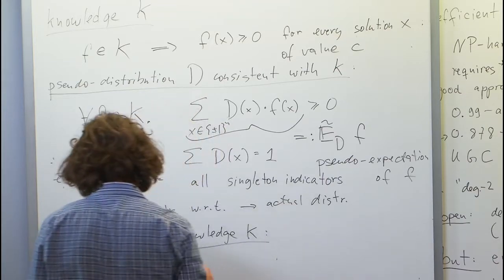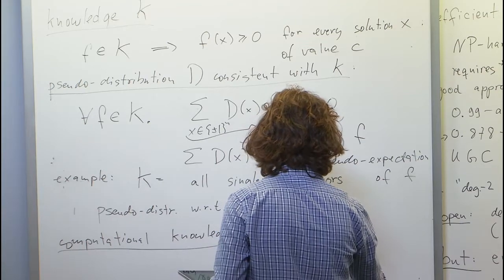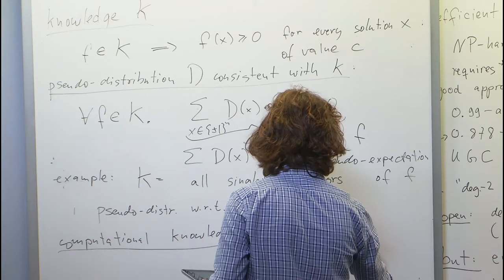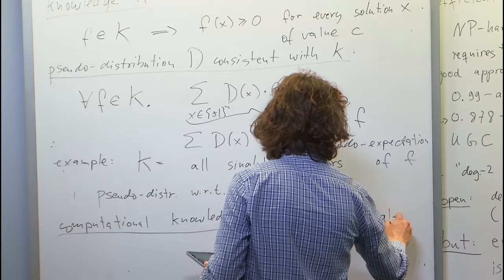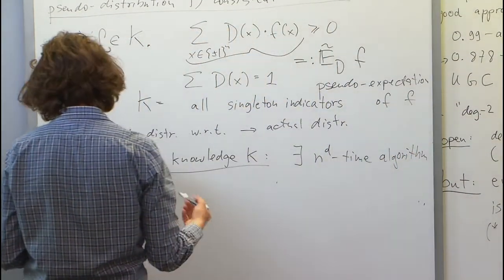And so this means that there is some parameter d, so there exists an n to the d time algorithm that can solve the following problem.